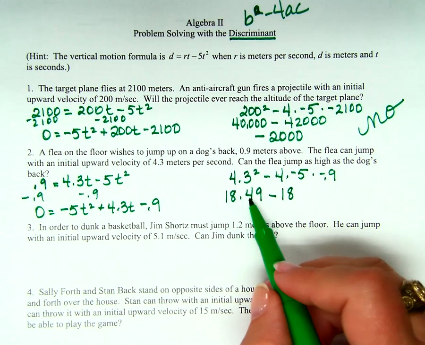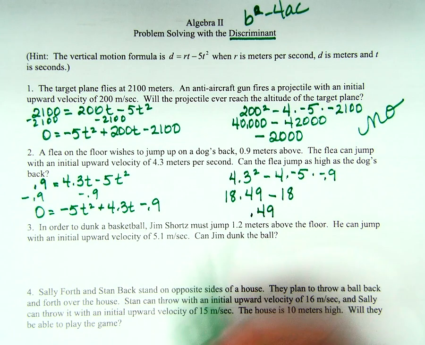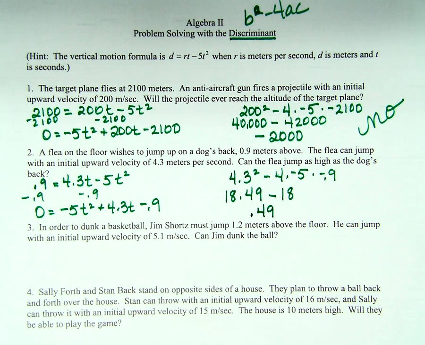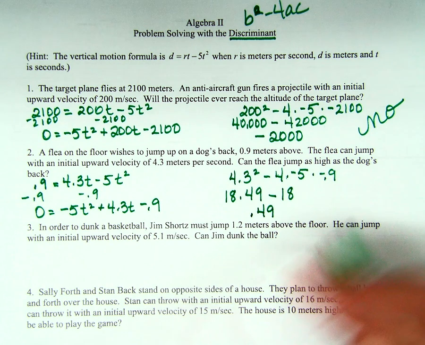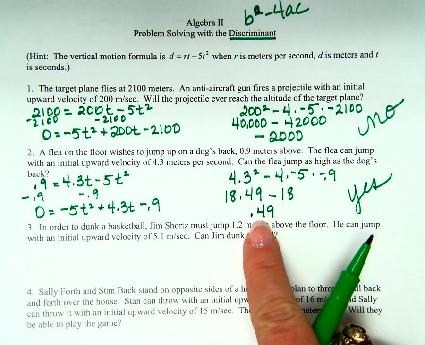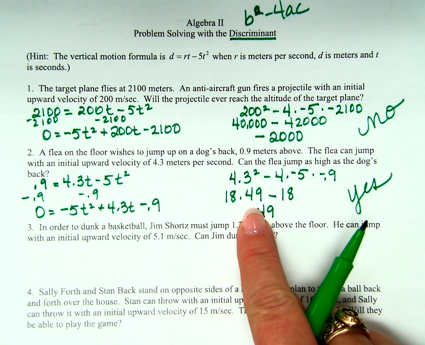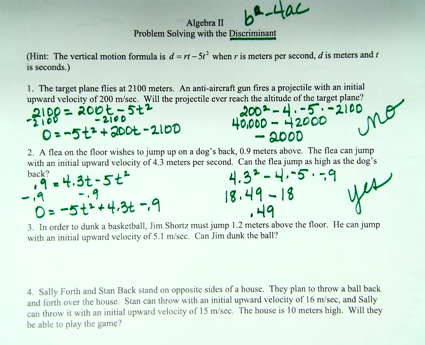It's 18.49 minus 18. Will the flea jump as high as the dog's back? Yes, and how do you know that? That number is positive. This is the answer. This is the proof. Any questions?